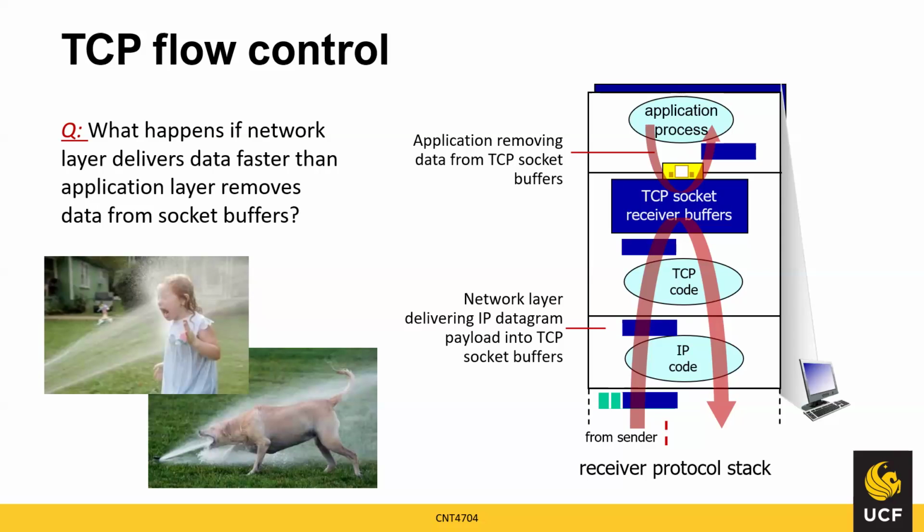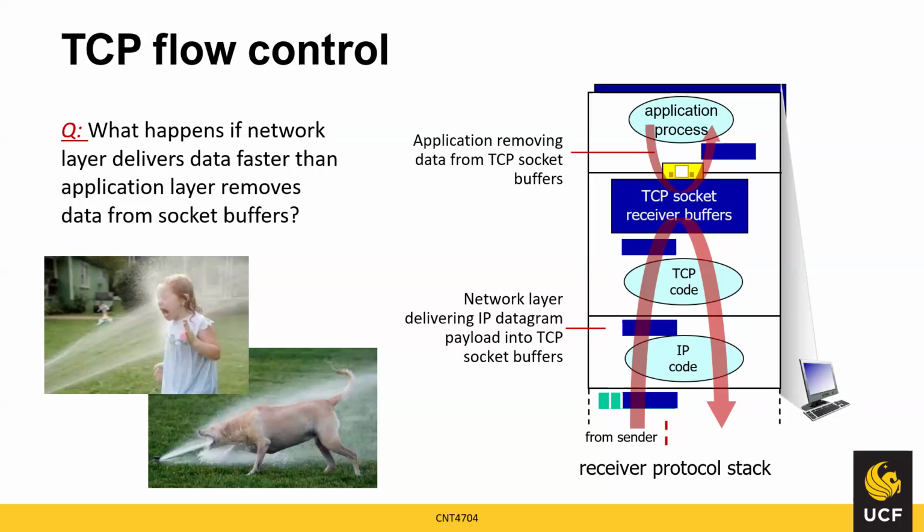A quick analogy to think about flow control before diving into the details: the same question remains, what happens if data comes faster than it can be handled? The human analogy is that no one wants to drink from a fire hose. If the water rushes out too fast, you cannot really swallow it. You will end up choking or spilling it everywhere. In TCP, it is the same idea.